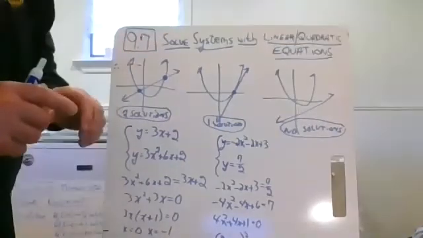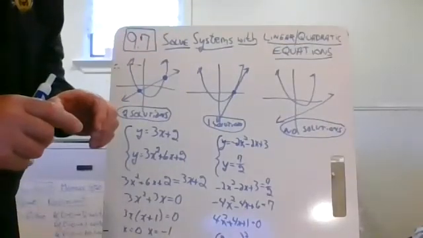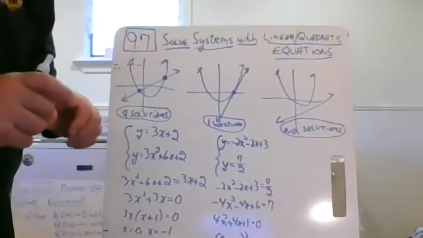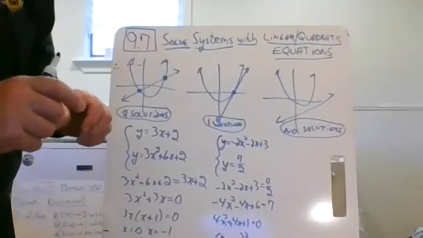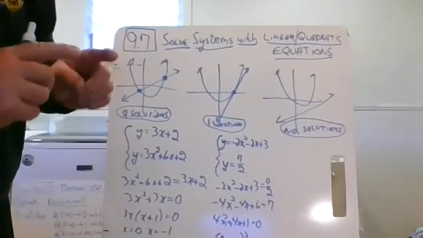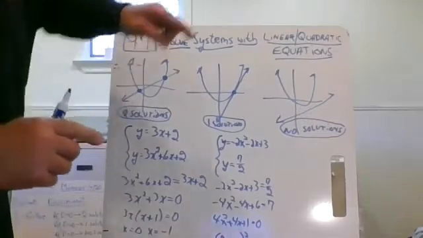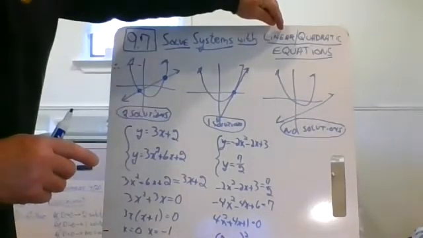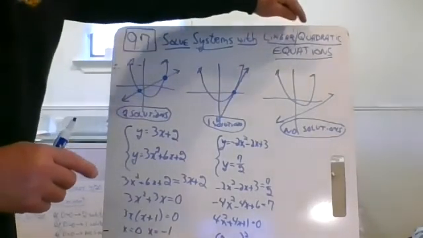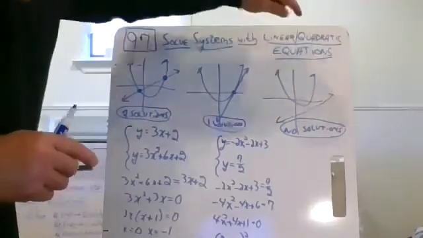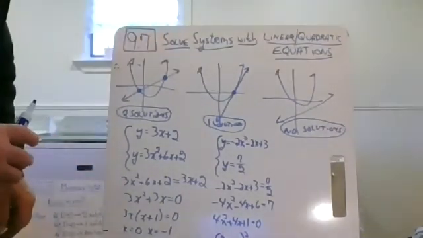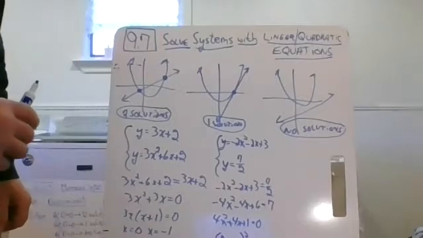We've solved systems of linear equations where both equations were linear. This is the first time we're solving a system of two equations where one of the equations is linear and one of them is quadratic. And we want to know what type of solutions we're going to have.